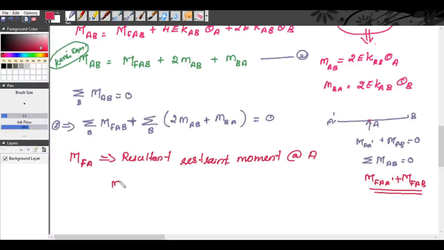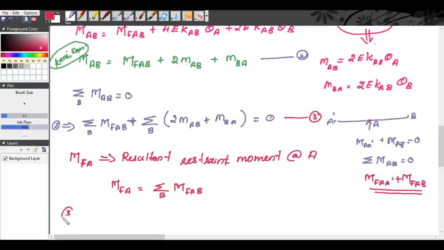So MFA will be equal to sigma B of MFAB, where the far end is B, the summation of all the fixed end moments meeting at A. We will take this as equation number 3.